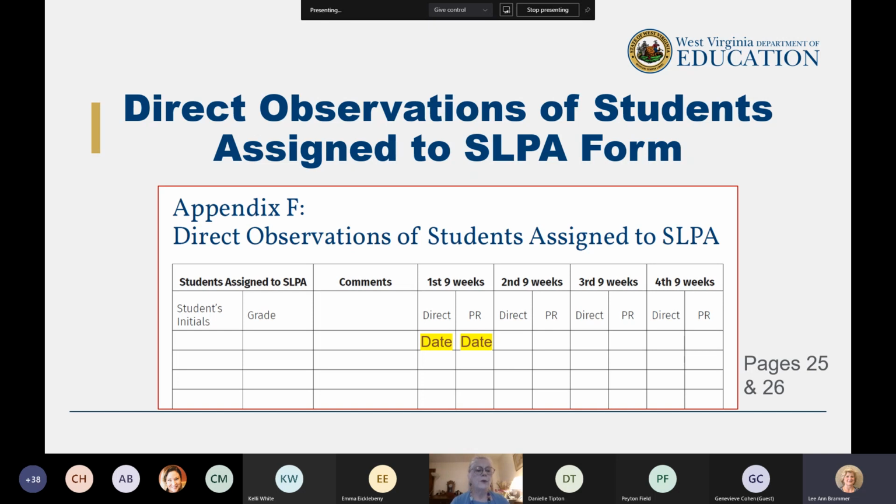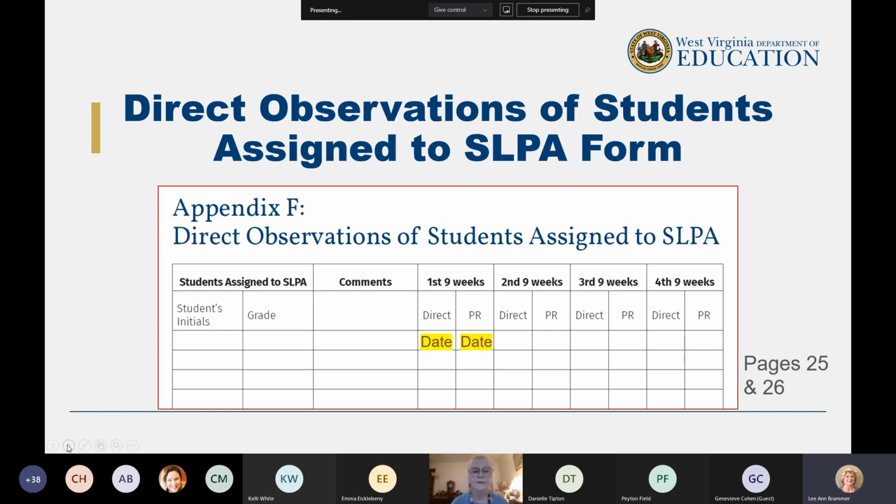So on that form, you put the student's initials because it's going to be turned in to us. So for confidentiality, the initials and the grade, and then you put your comments to help you remember things like a new IEP or the student moved or they were dismissed or whatever, just to help you remember why you didn't see the student that month or that 9 weeks. Maybe they were out of school, they were in the hospital.